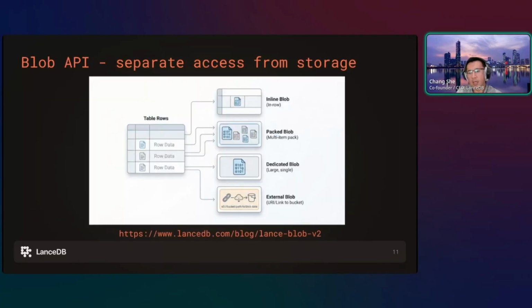In a previous version of Lance, it was sort of all or nothing. Either everything was an external reference, or everything was stored inline in the column.